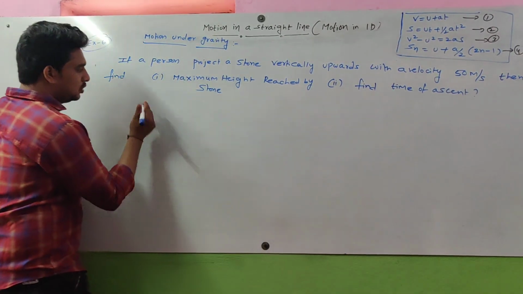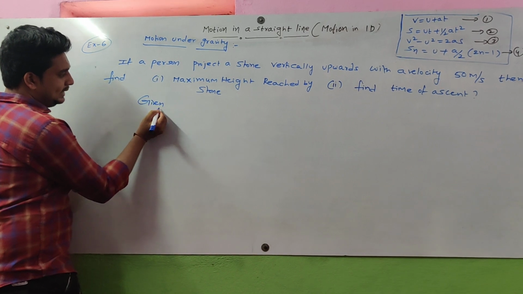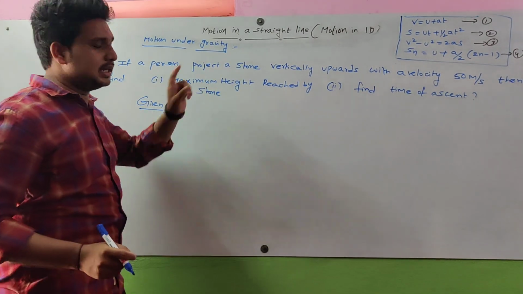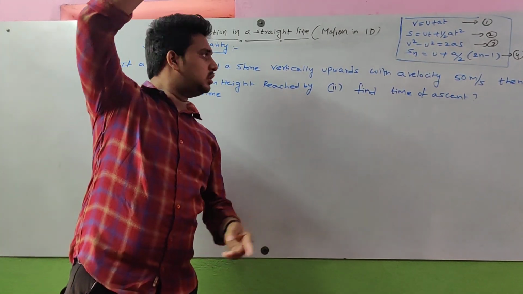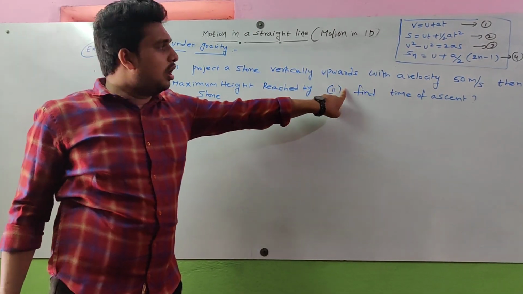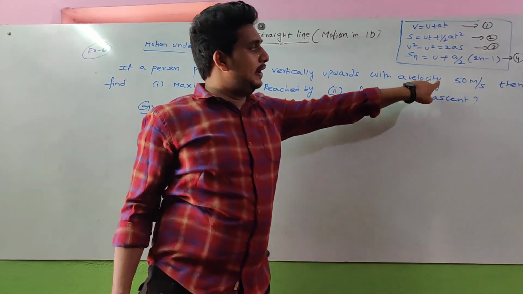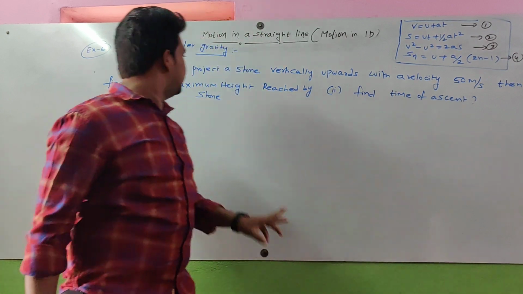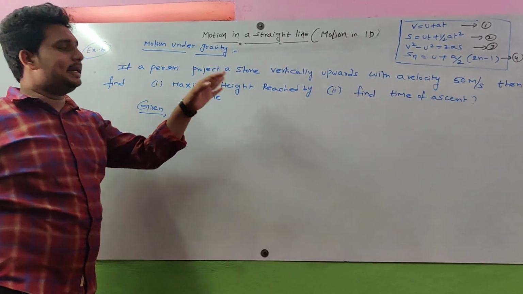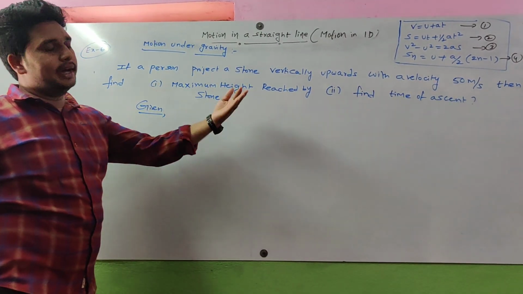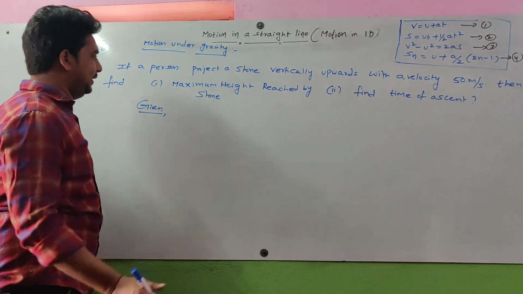So according to the given data, what is given? A person projects a stone vertically upwards with a velocity 50 meter per second. Then the maximum height reached by the stone and time of ascent we need to find.